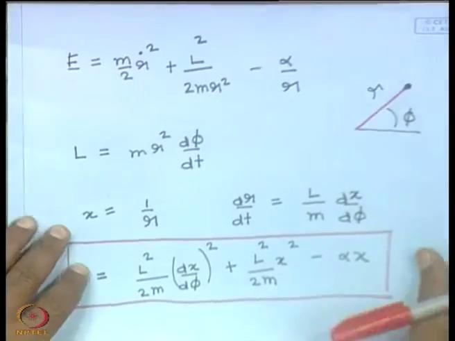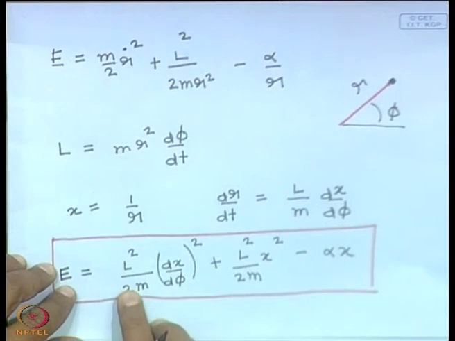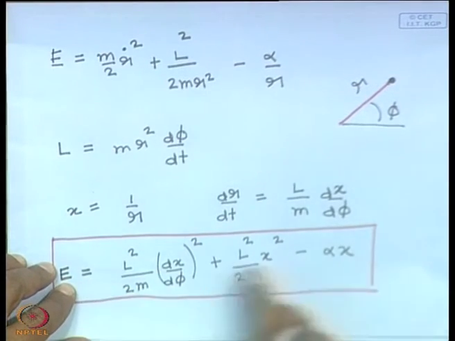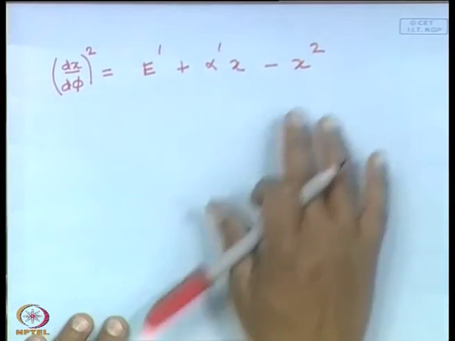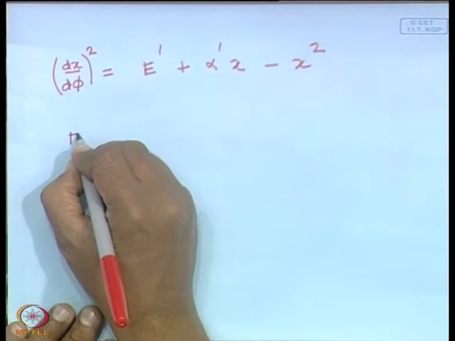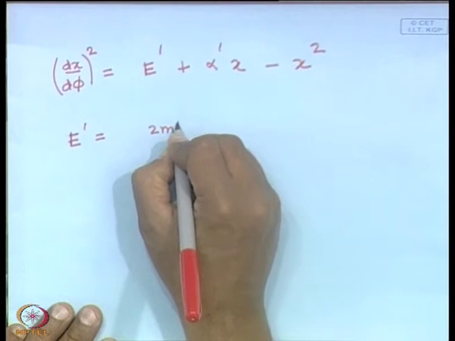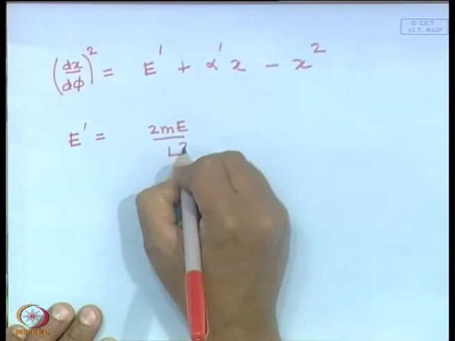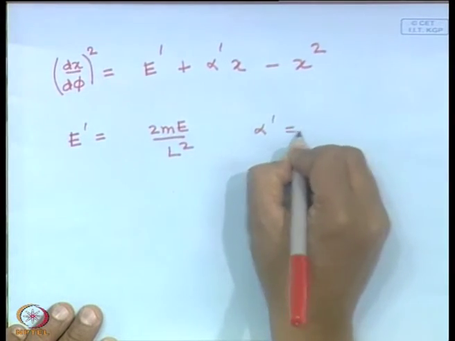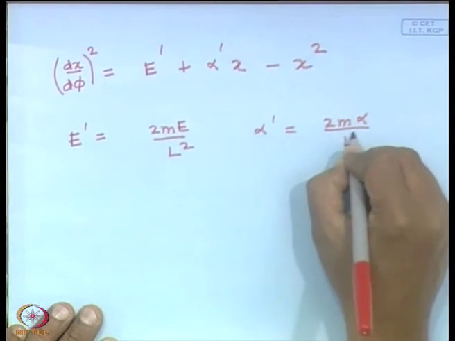All that I have done is multiply with 2m by L squared and then take this to the left hand side, where E prime is 2mE by L squared, and alpha prime is 2m alpha by L squared, right.